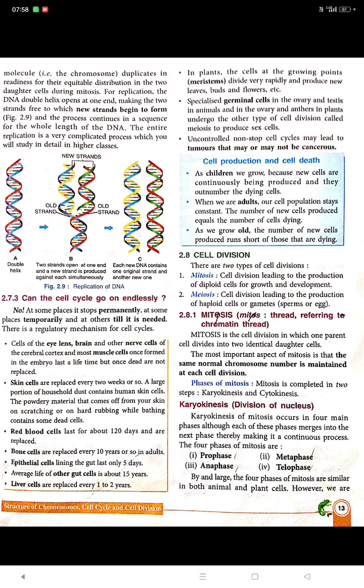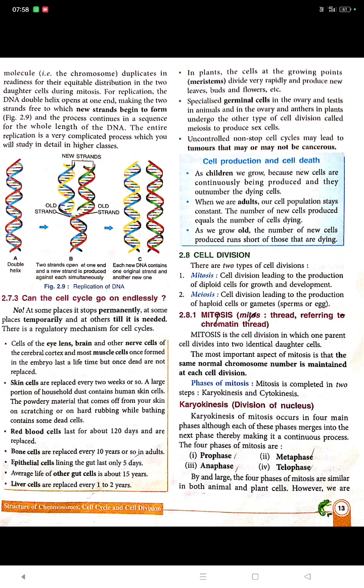What these lines are saying is that the cell cycle stops permanently in some places, stops temporarily in some places, and works continuously in other places till it is needed.